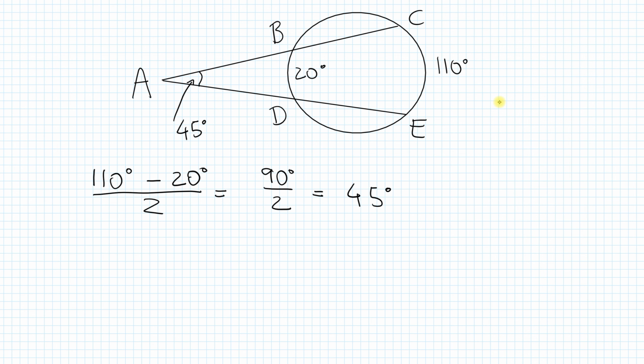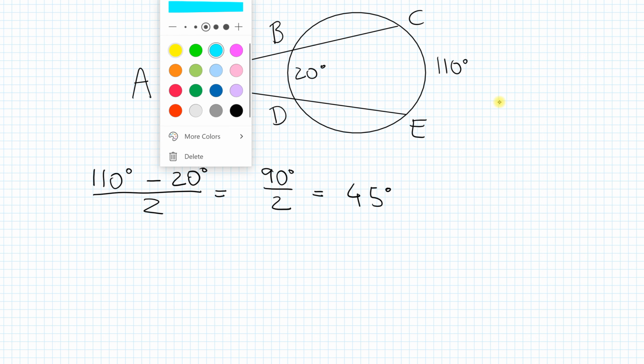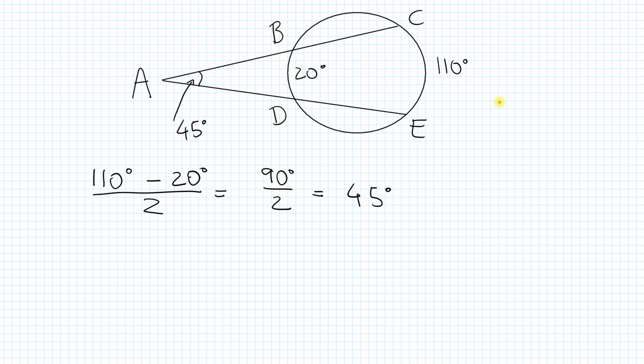So what I'm trying to say is the following. Is it true that if you take this arc over here and this arc, and take the difference of those two arcs and divide it by 2, you always get this angle over here? Okay? That's what we're trying to explore today.